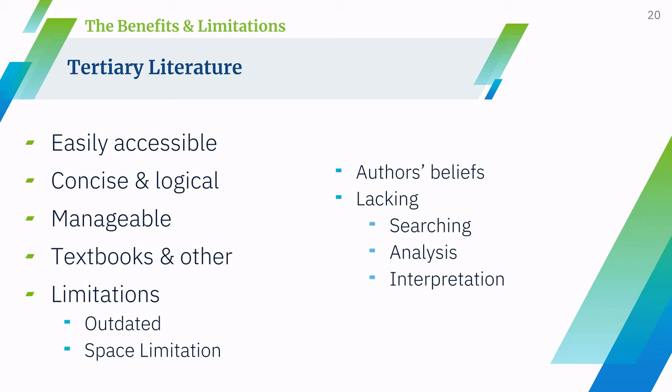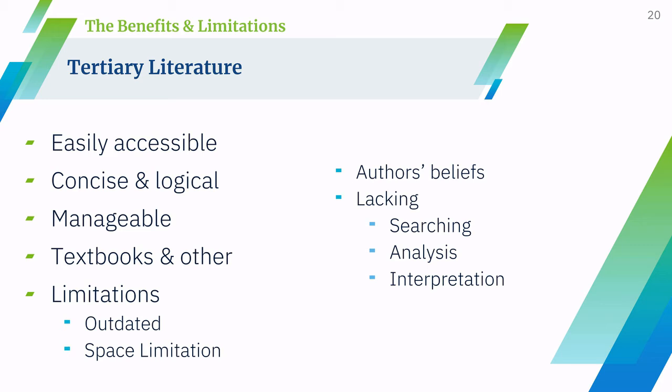Although tertiary literature is convenient and readily accessible, several limitations exist that the user should consider. The lag period between the time a resource is written and its publication may be a few years, therefore, the information may be outdated before publication. New editions usually are published every 3 to 4 years. In addition, space limitations within the text may prevent the preparation of an extensive topic discussion.